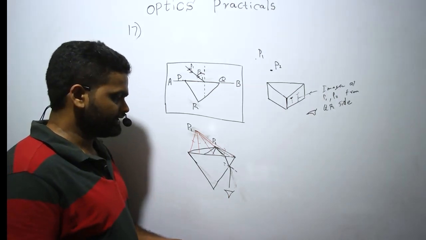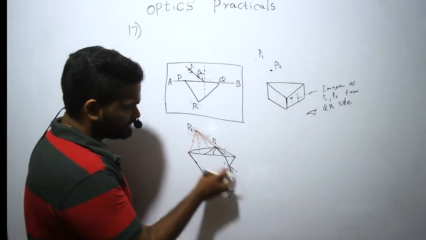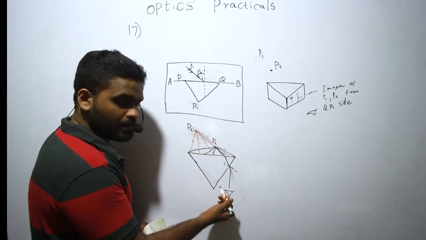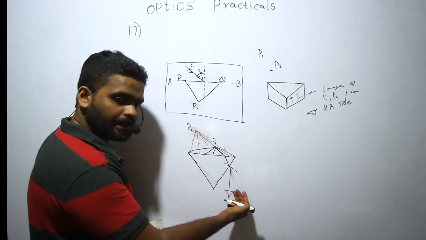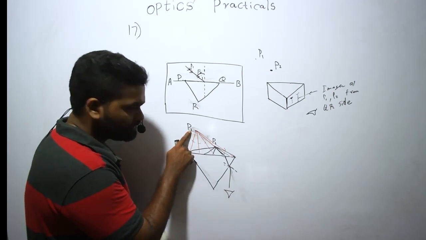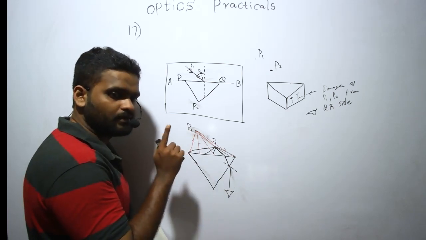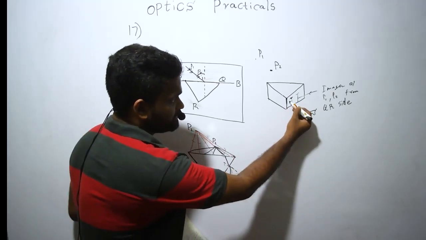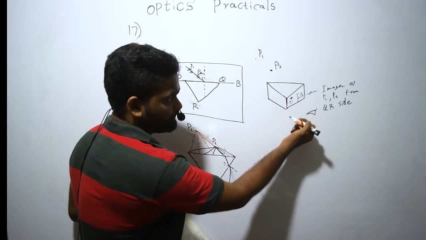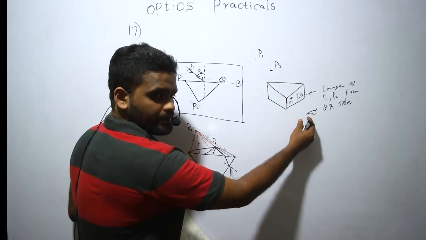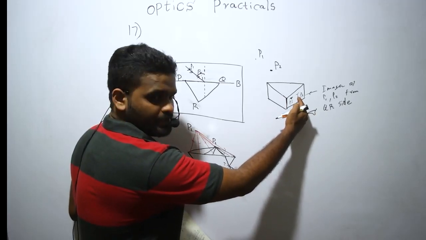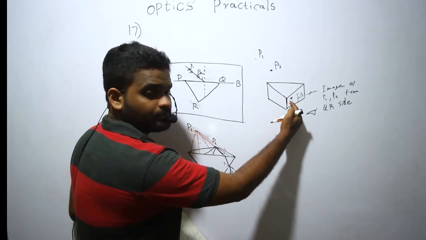So what do we need here? There are many light rays coming from this side, but you have to move your eye so that you will not see P1. Let's say this is image of P1, this is image of P2. As you are moving your eye, image of P2 will cover image of P1.